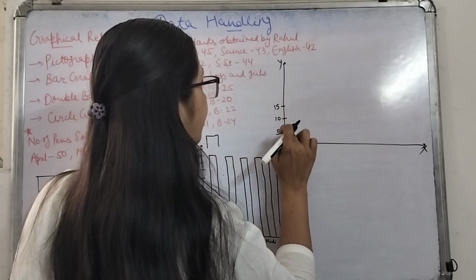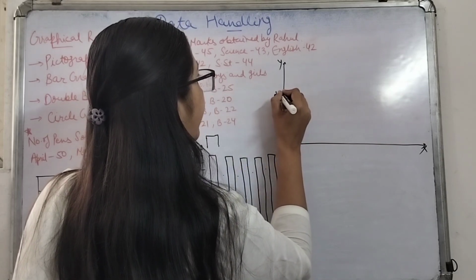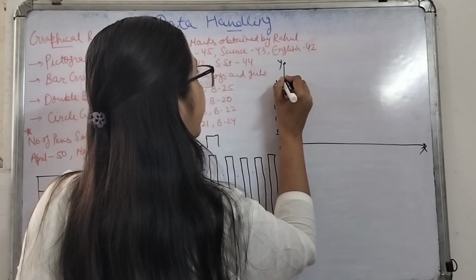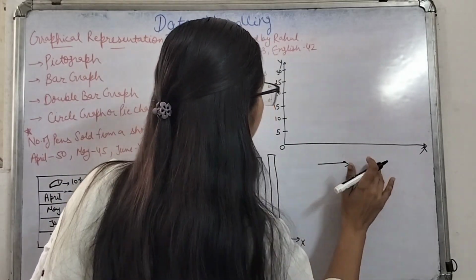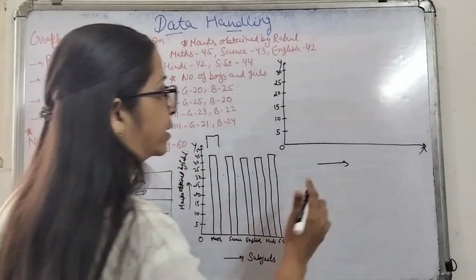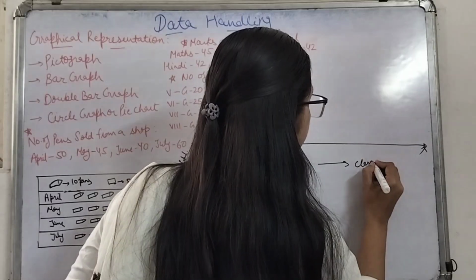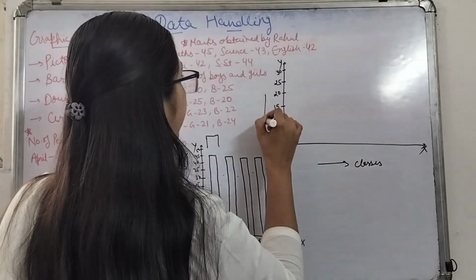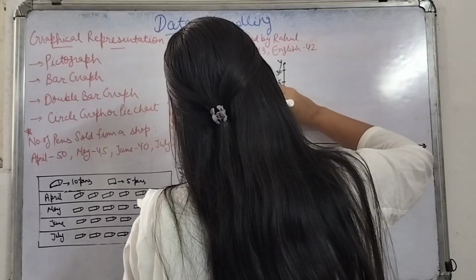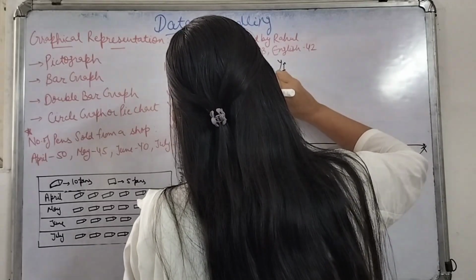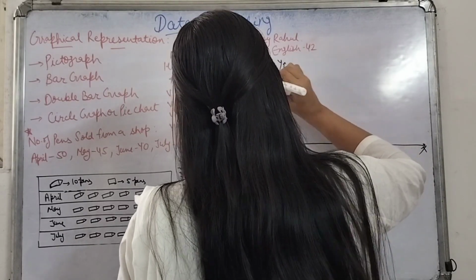The distance should be same, 20, 25, and 30. Here we are taking classes, and here we are taking number of boys and girls.